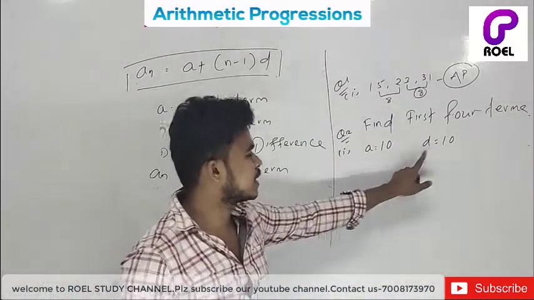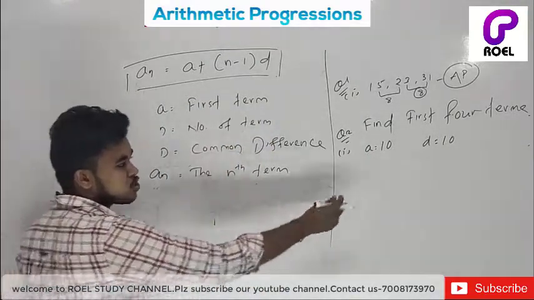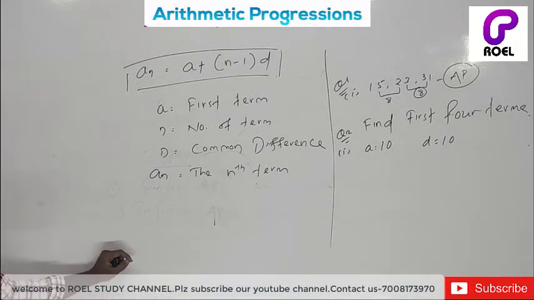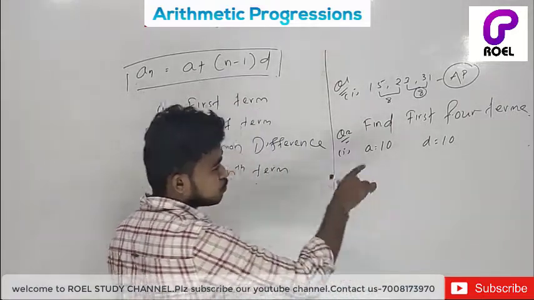A is given, D is given. That means A is our first term, which is already given, and D is our common difference. So we have to find the first 4 terms.